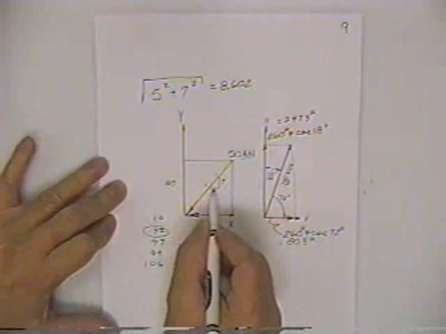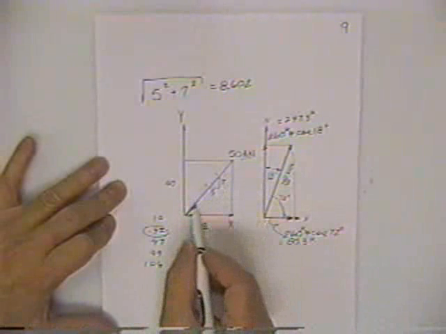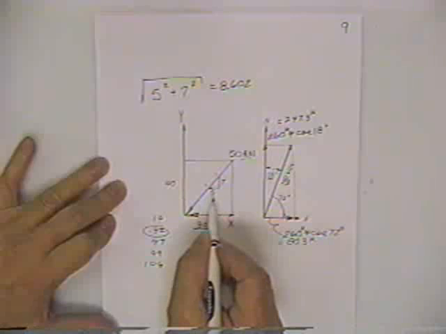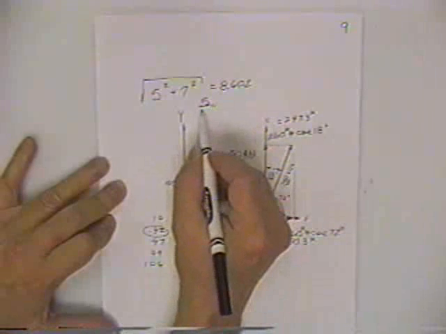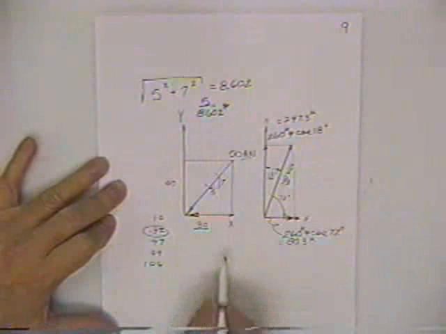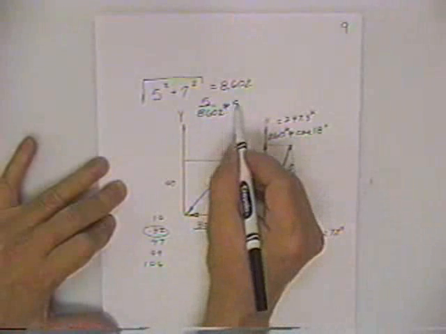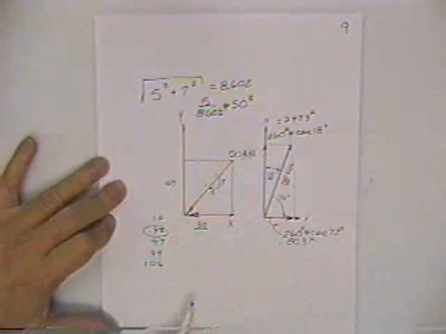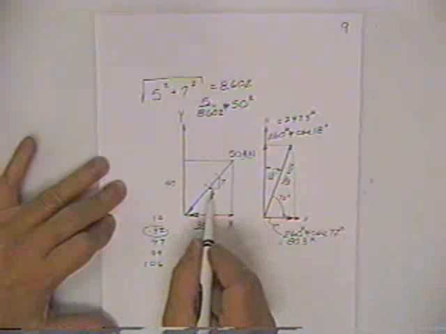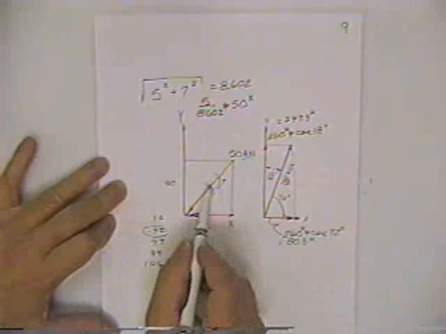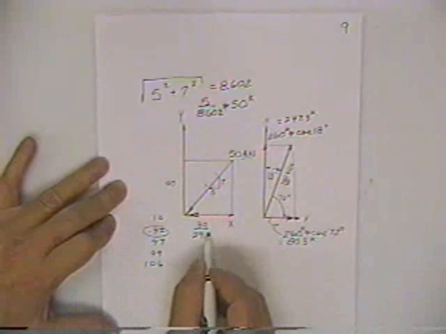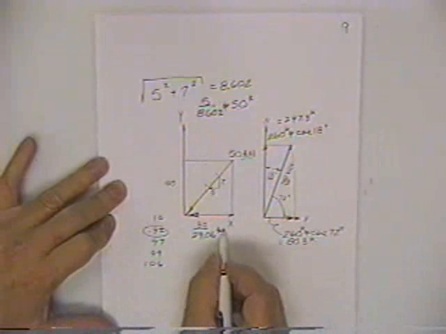So you might as well just say how much this force points in the horizontal direction is 5/8.602 multiplied times the original 50 kip force. Therefore, the horizontal component is about 5/8 of the original force, and that comes out 29.06 kilonewtons.